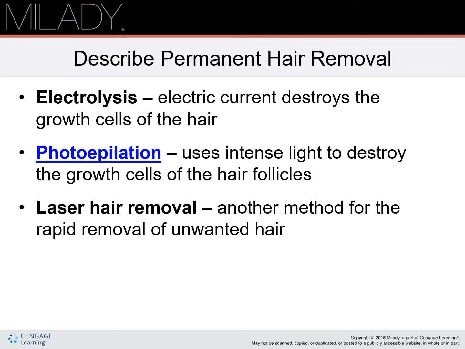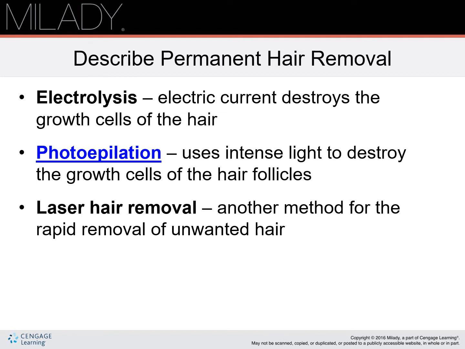Okay, so permanent hair removal. Permanent hair removal methods include electrolysis, photoepilation, also known as light-based hair removal, and laser hair removal. Electrolysis is the removal of hair by means of an electric current that destroys the growth cells of the hair.